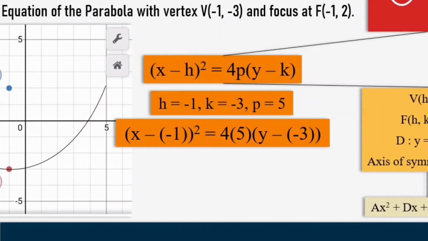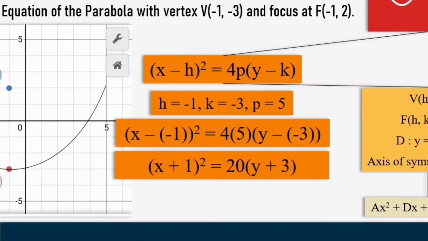Now, i-simplify natin, x minus negative 1 squared will be like x plus 1 squared. Okay? That is equal to 4 times 5, which is 20, and y minus negative 3 is simply y plus 3. And this is the standard equation of the parabola.